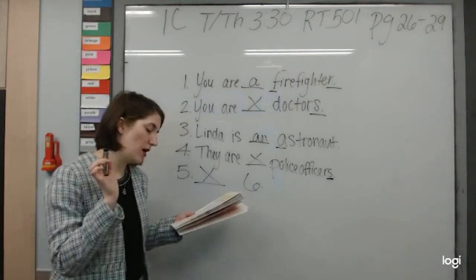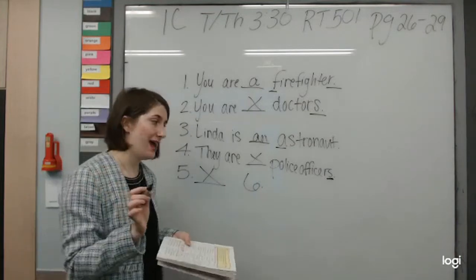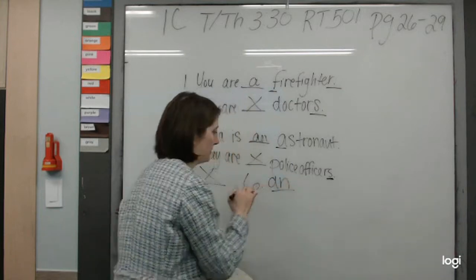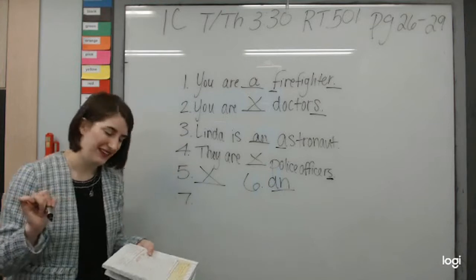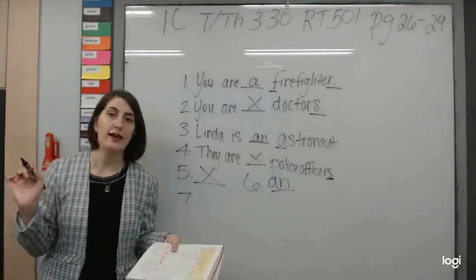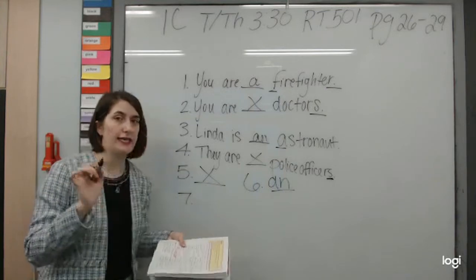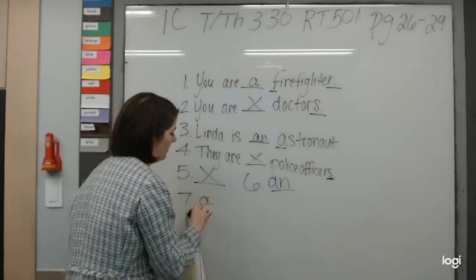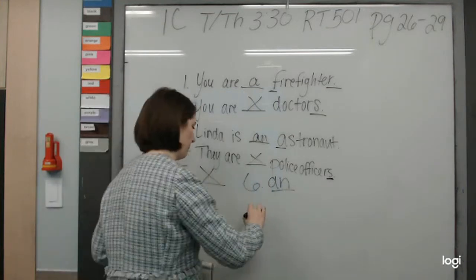I am blank architect. Architect begins with A. So I am an architect. Number 7. Patrick is teacher. Patrick is a teacher. Patrick is a boy, so he is one teacher.